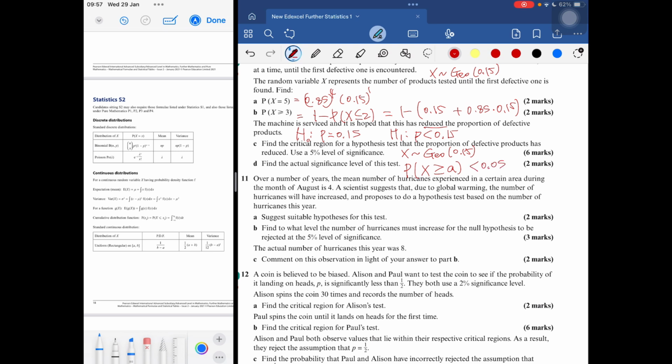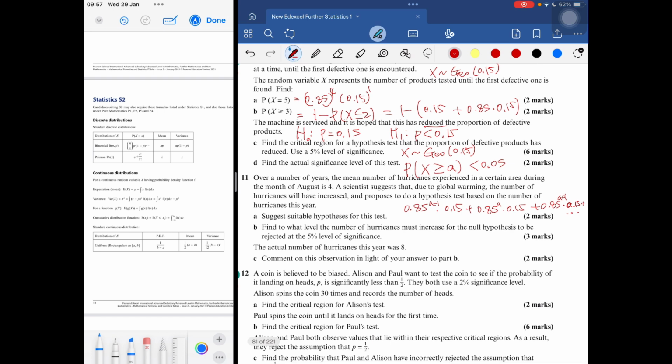So now if it takes A, then 0.85^(A-1) times 0.15 plus 0.85^A times 0.15 plus 0.85^(A+1) times 0.15, and so on forever. So this is the sum of an infinite geometric series.